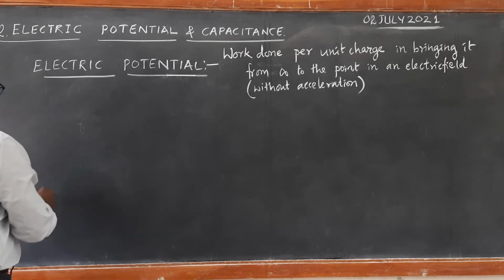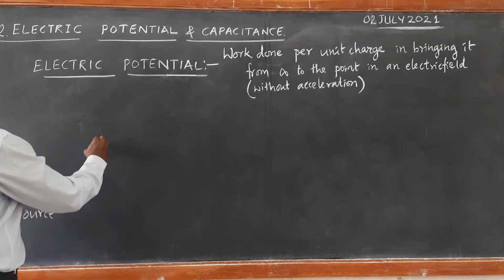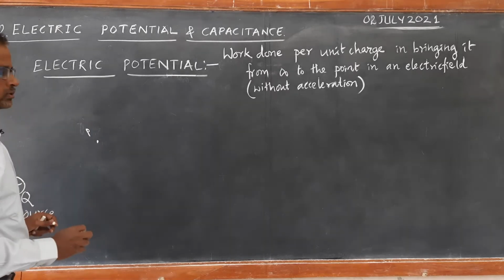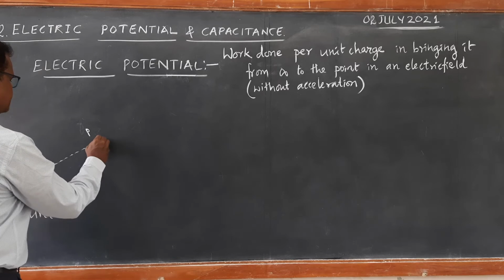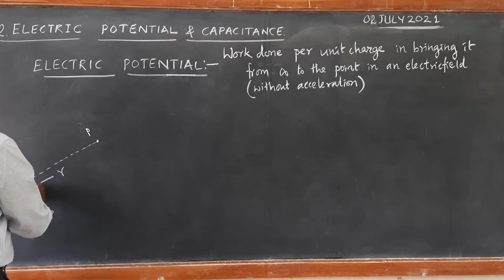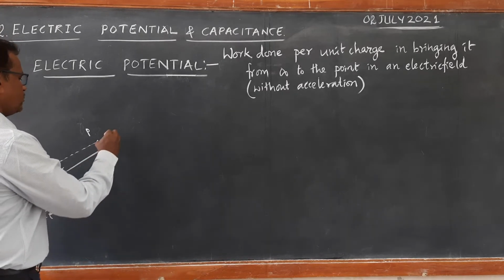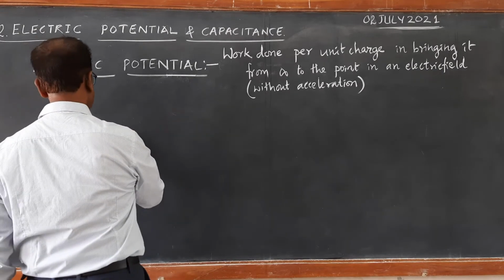Suppose this is a source charge Q, and we want to find out the potential at a point P. Let us suppose this point P is at a distance r from the source charge. Now, we have to bring this unit charge from infinity.